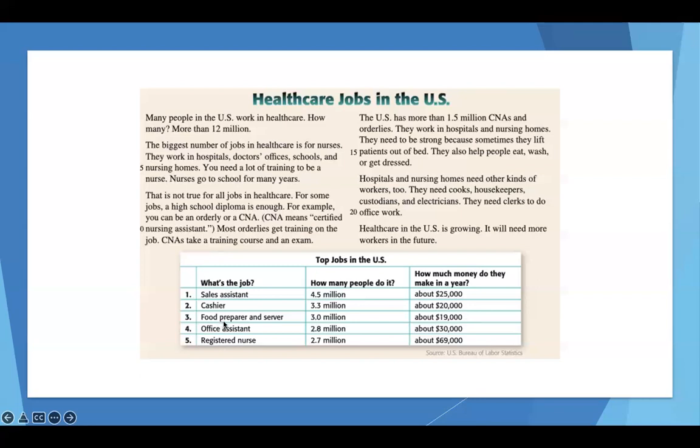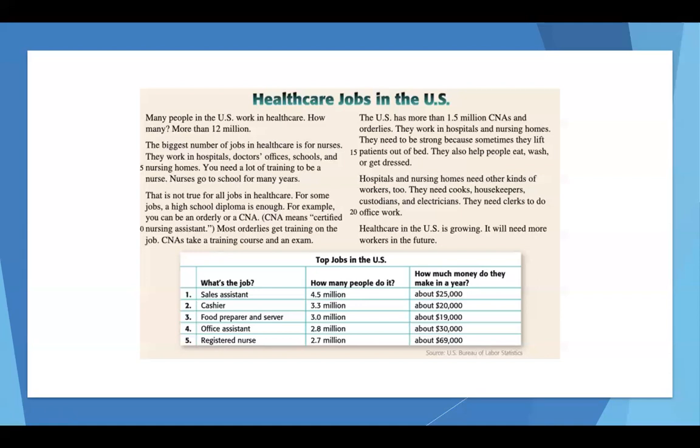Food preparer and server, 3.0 million, about $19,000 per year. Office assistant, 2.8 million people, about $30,000 per year. Registered nurse, 2.7 million people, about $69,000 per year.